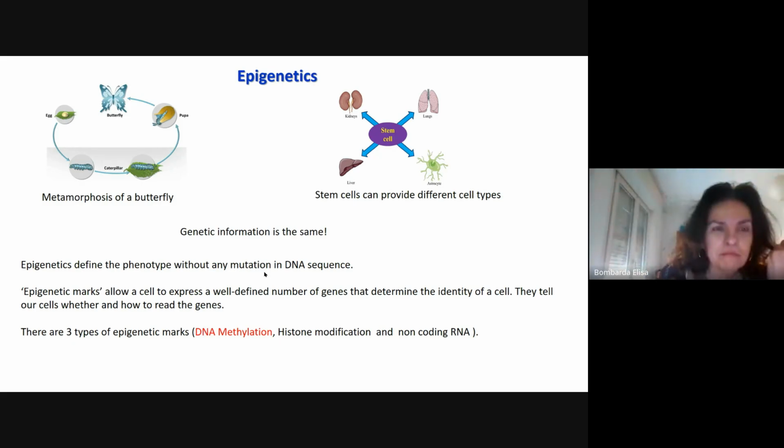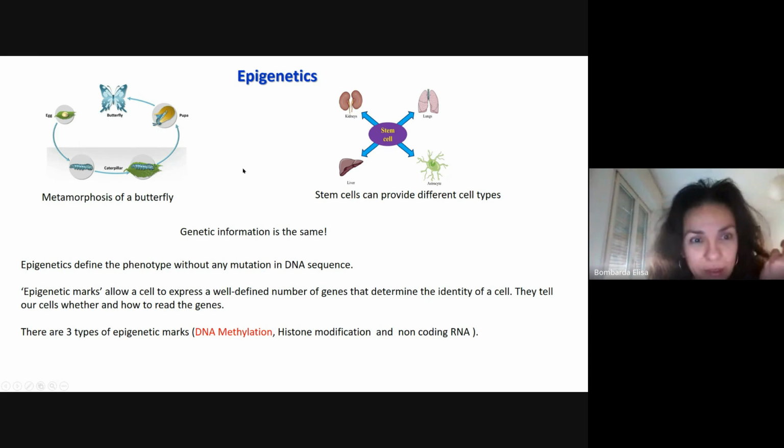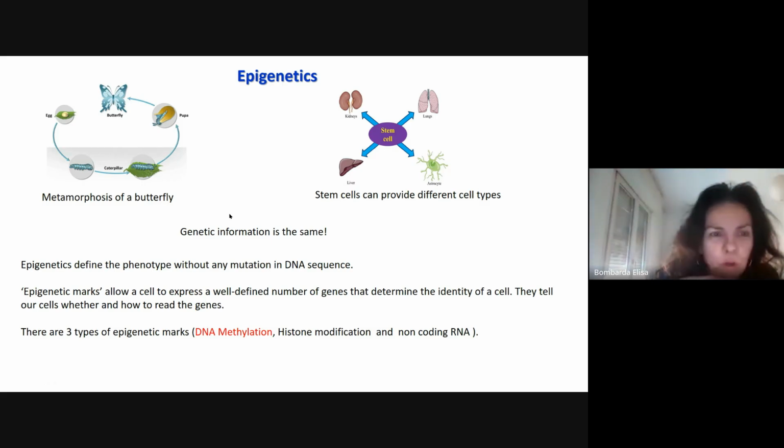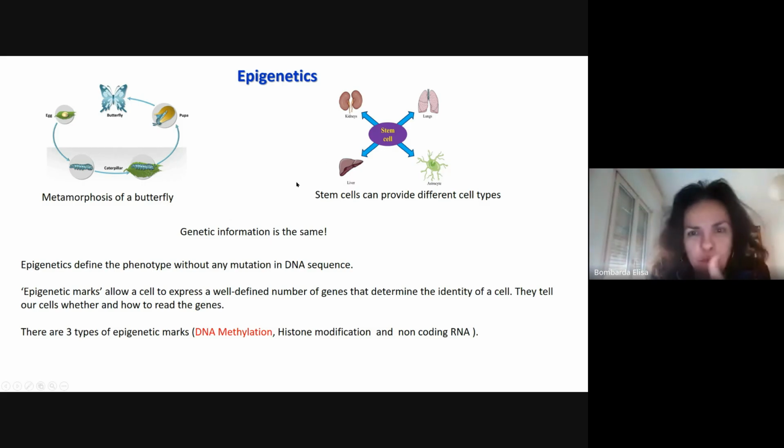We may all be surprised that in the nucleus of our cells there is the genome, so the genetic information is the same. We have only one genome, but the types of cells, organs and tissues are completely different.